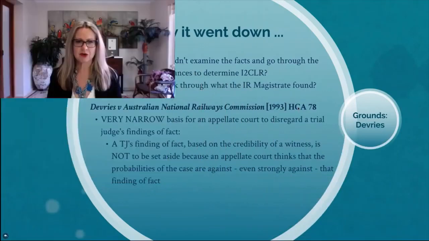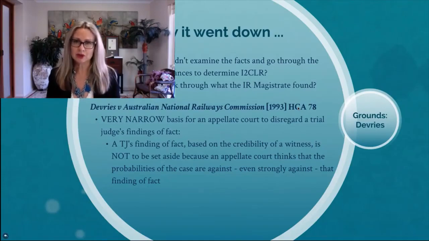As you can see there, a trial judge's finding of fact based on the credibility of a witness is not to be set aside because an appellate court thinks that the probabilities of the case are against or even strongly against that finding of fact. And why is that the case? Why is a trial judge's findings of fact so sacrosanct?